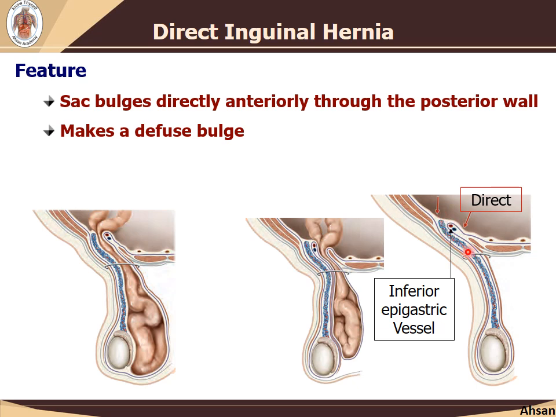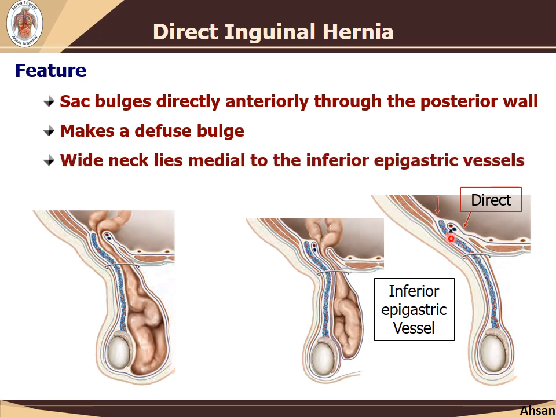In the indirect one, this is a narrow passage and the neck is narrow, and this swelling in the lower abdomen will be relatively smaller and move towards the scrotum. But in the direct one, this is the weak point of the posterior wall, so it will push this area and make a wider bulging over the lower abdomen inguinal region than the indirect one. So this is the first feature we can see.